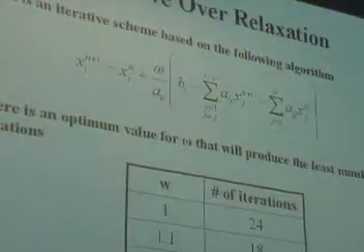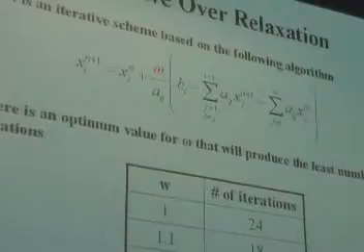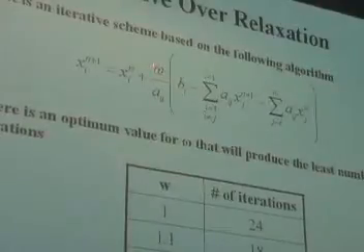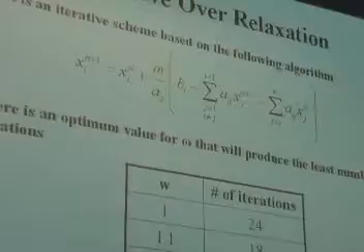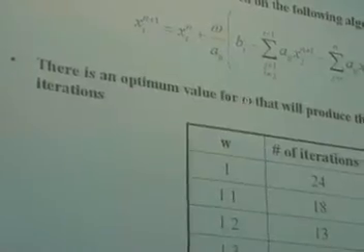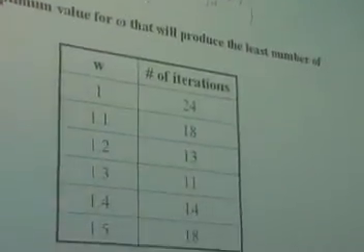All we've done is add a weighting function, the omega. If that were equal to 1, you would have Gauss-Seidel. There's an optimum value for the omega that will produce the least number of iterations.